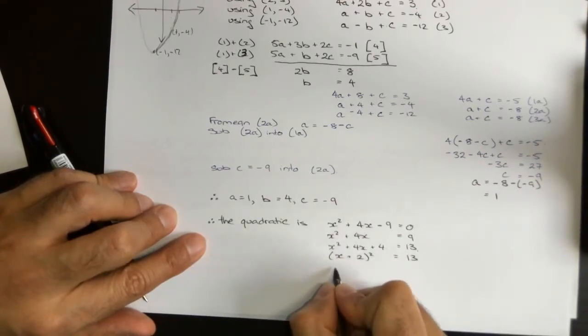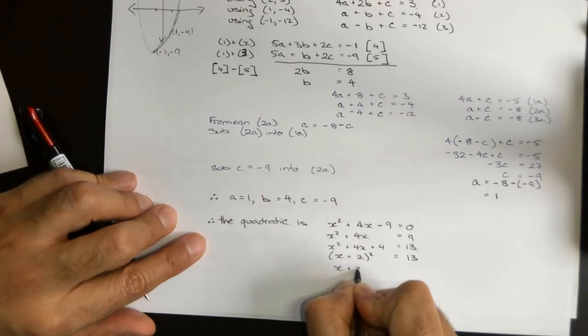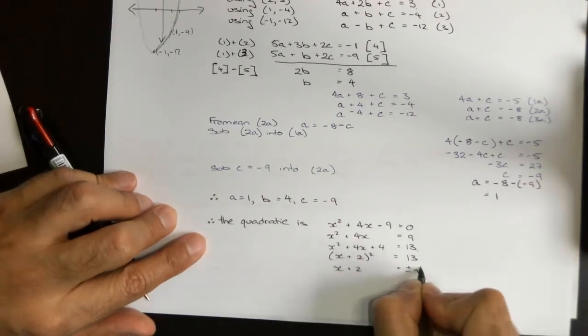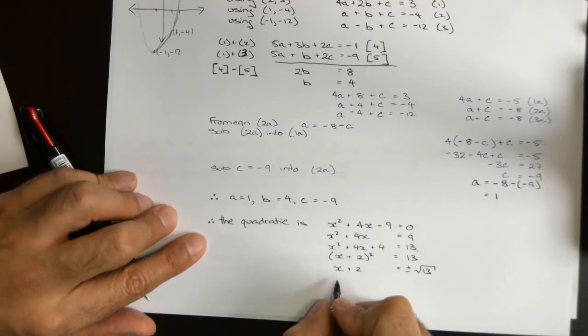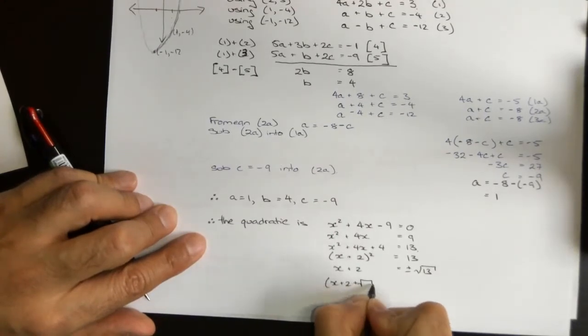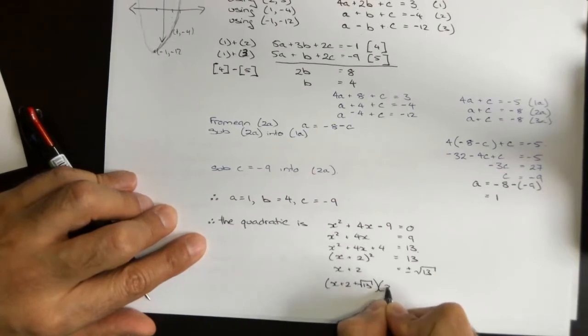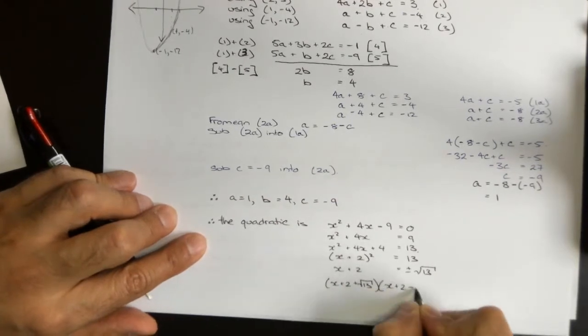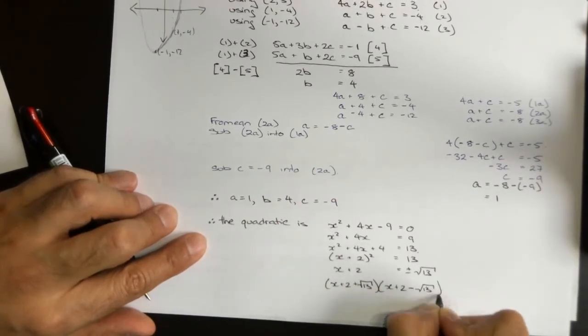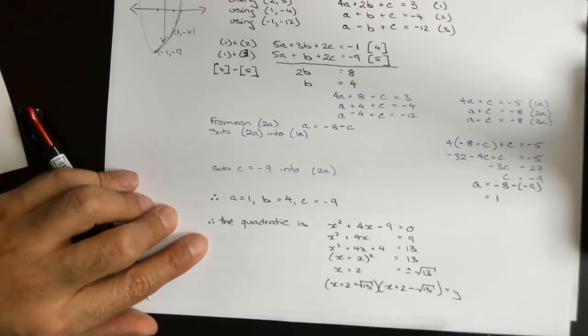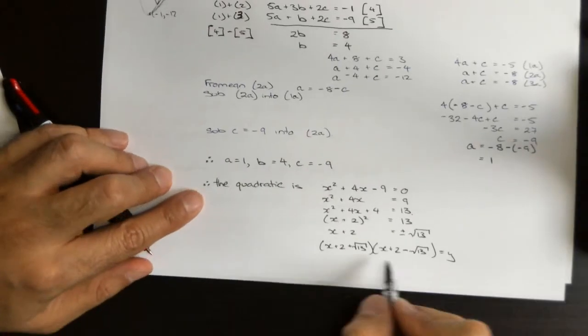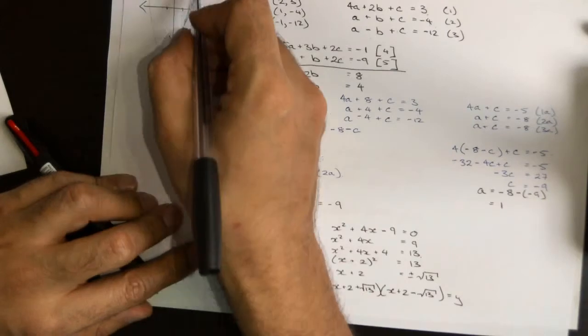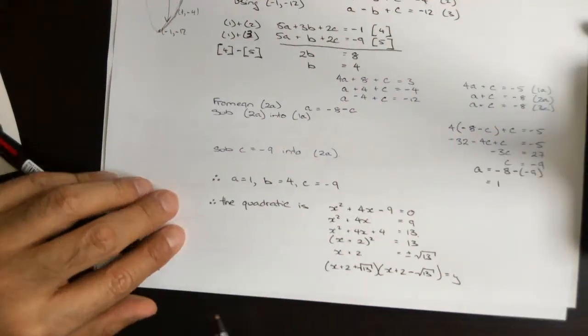And we can do x plus 2 equals plus or minus the square root of 13. Bring it over. We have x plus 2 plus square root 13, x plus 2 minus square root 13 equals y, or equals 0. Yep. And so that is my quadratic formula for this parabola.